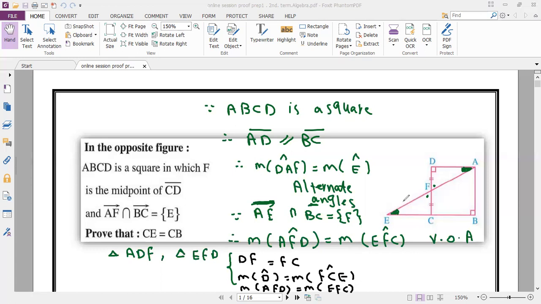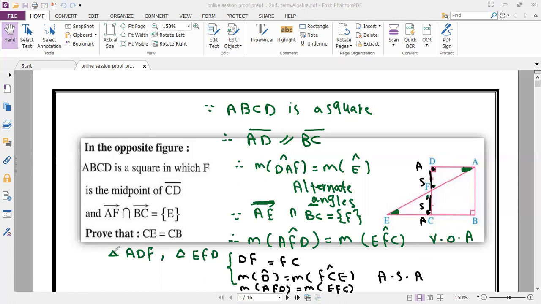Do you know which case I'm talking about? Angle, side, angle.